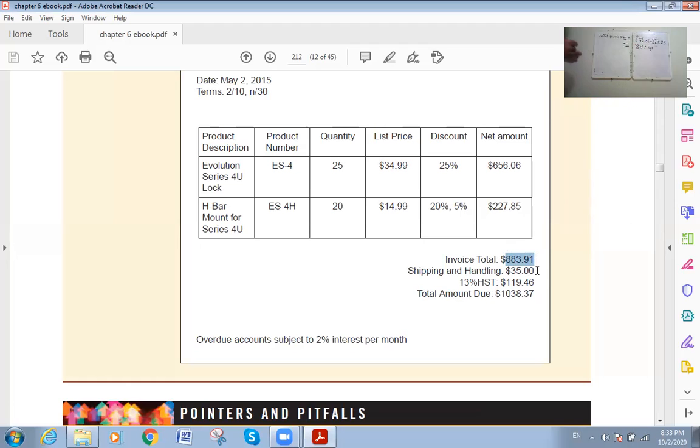But wait a minute, I still have shipping and handling. Shipping costs, like putting the items on the trucks, uploading the items, downloading the items. This is called shipping, and the cost of the trucks and these things. This also comes to $35.